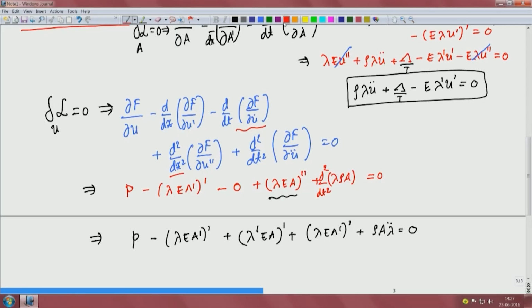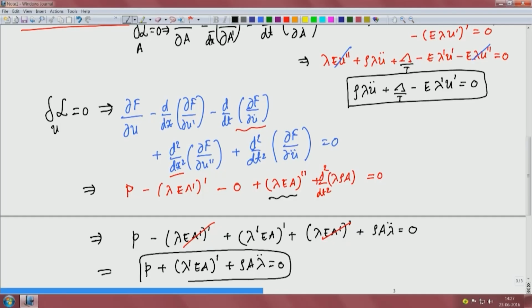Now, we see that this and this get cancelled. So, what I get here is p plus lambda prime e a prime plus rho a lambda double dot equal to 0. This is our adjoint equation.